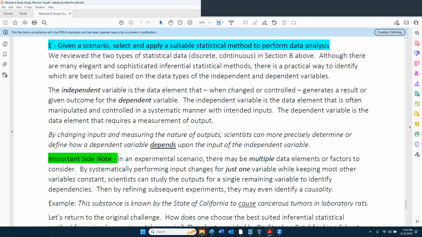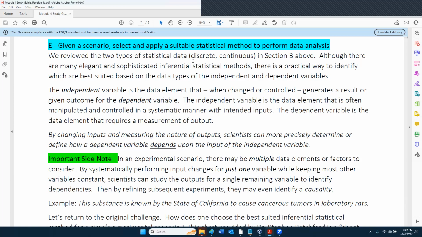So if there are measurements involved and finely granulated, highly granular metrics, and the values that are being logged for a given data element fall on a continuum or a range of data, that's called a continuous kind of statistical data.